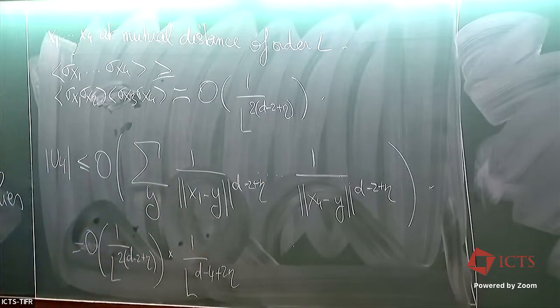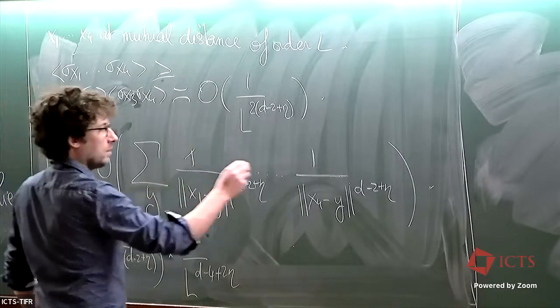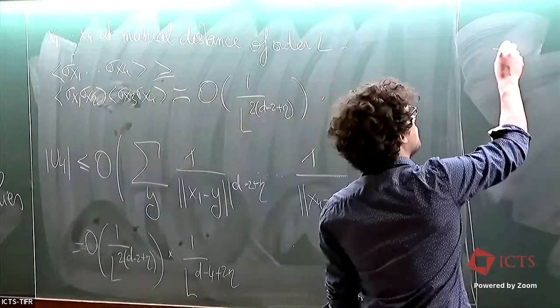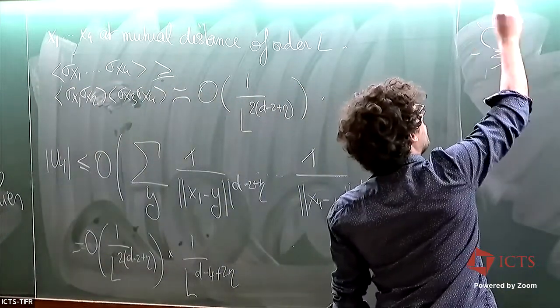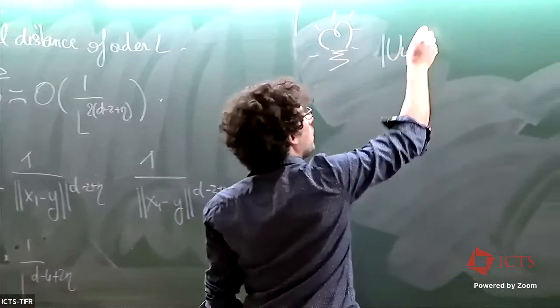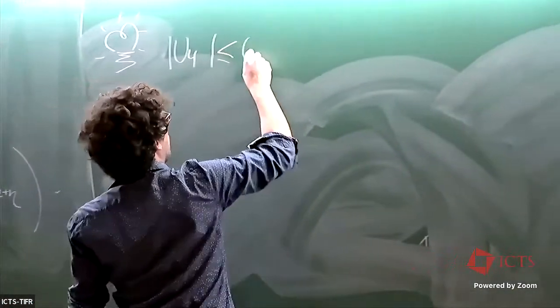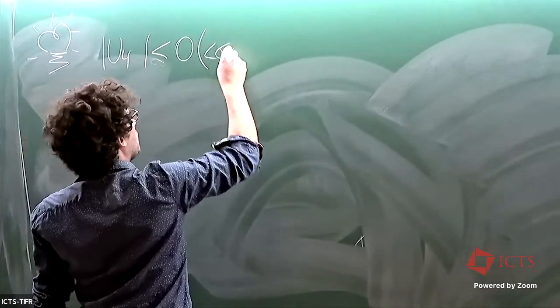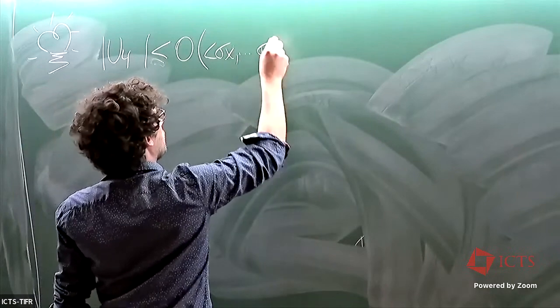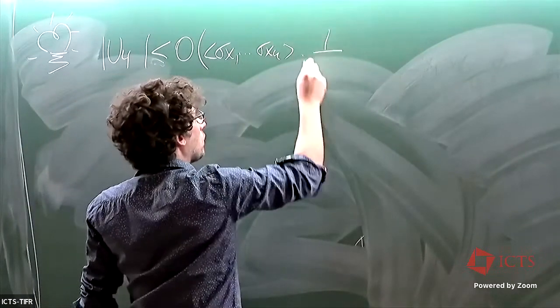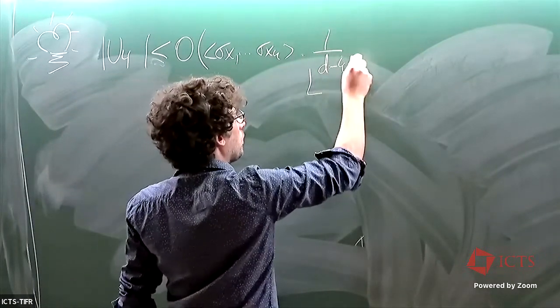This is just you sum over every y. So this tells you that U4 is big O of sigma x1, sigma x4 times 1 over L to the d minus 4 plus 2 eta.